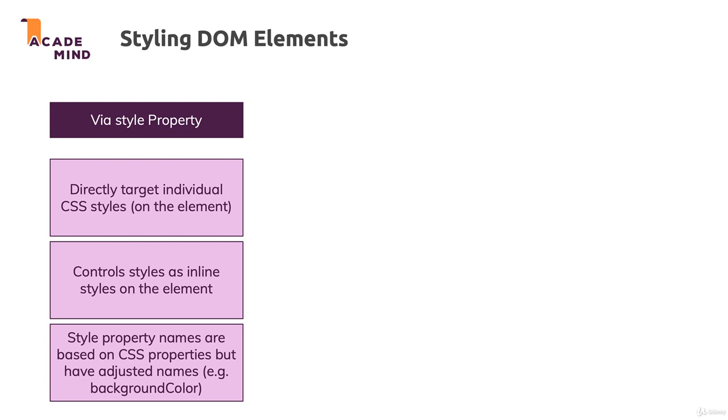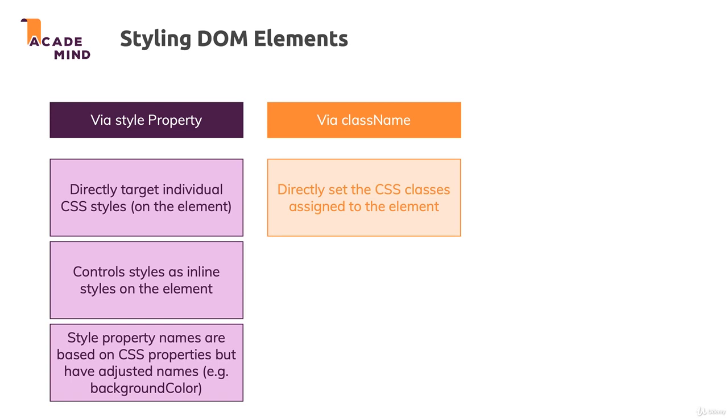You, of course, can also manipulate the CSS classes that are added to an element. So with the className property, you can set the CSS classes that exist on an element to dynamically change these classes, remove them, or add new ones. And that, of course, means that you adjust the styles that are applied by these classes, because you control the classes on an element.